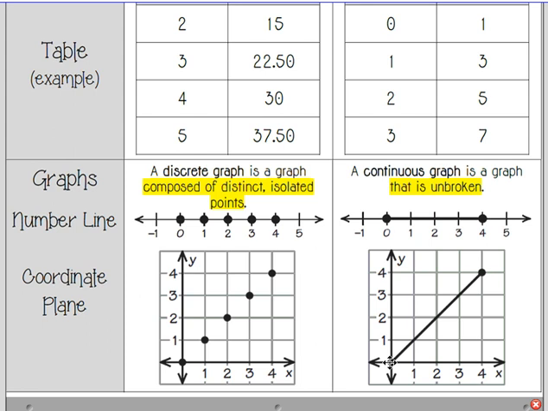And with a continuous graph, we can see that we have the points at (0, 0) and at (4, 4), and a line connects those points because it includes all of those pieces in between. So when we're looking at graphs and data and situations, it's important to recognize if it is based on discrete data or a discrete situation, or continuous data, a continuous situation.